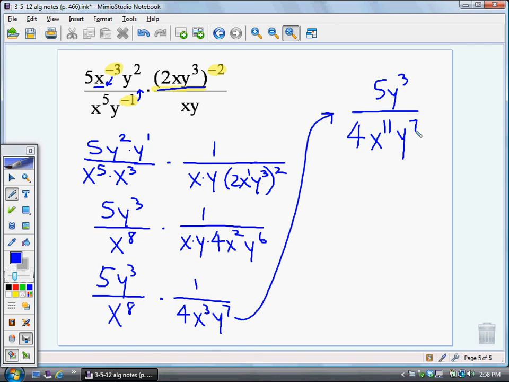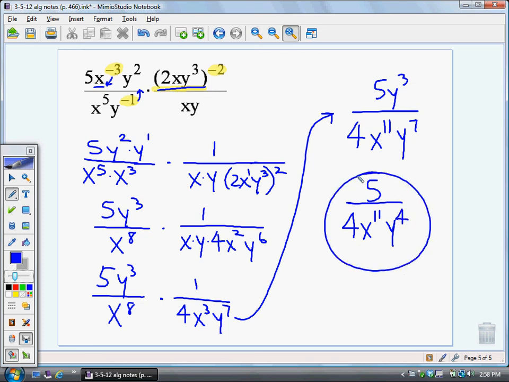And now all I have to simplify is the y to the 3rd over y to the 7th. My y factors are going to disappear on the top. And I would have 4 x to the 11th. And since I had 7 y factors on the bottom, I'll be left with 4 when I factor out all my 1s. And that would be my answer.